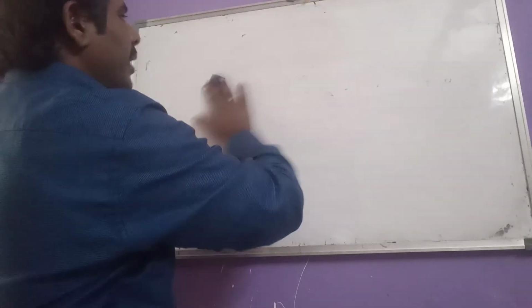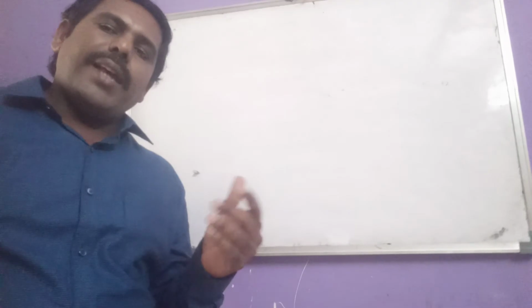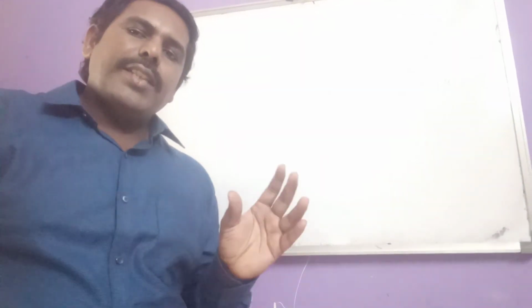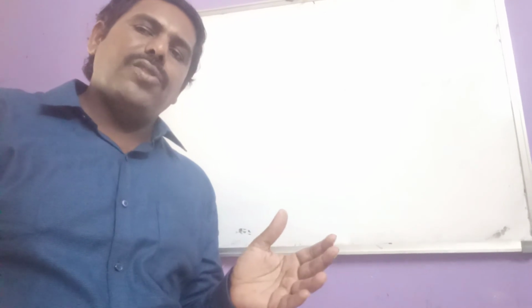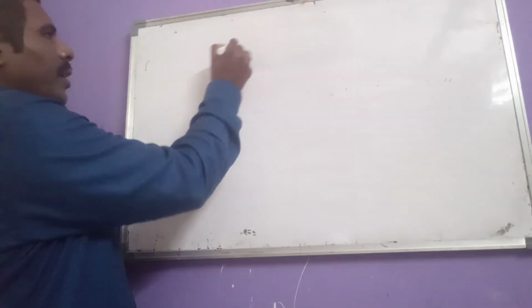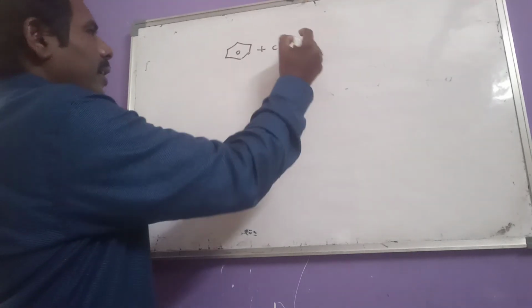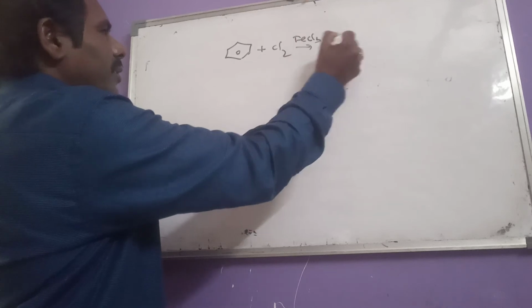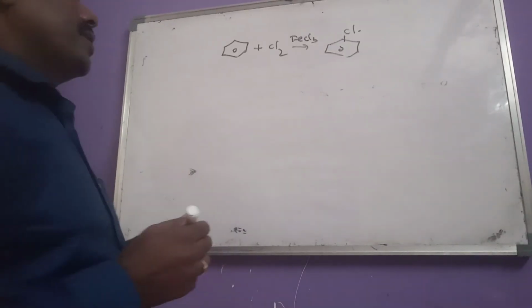So these are some reactions of halogens. Then halogens may show substitution reactions and addition reactions with organic compounds. For example, benzene when treated with chlorine in presence of FeCl3 catalyst gives chlorobenzene.